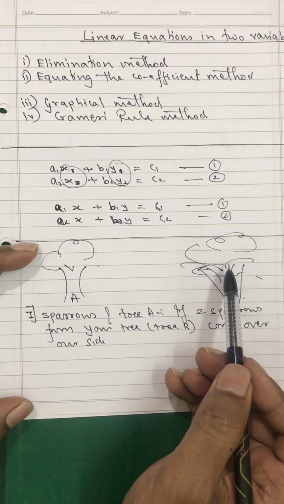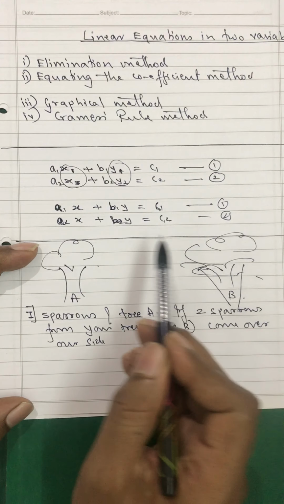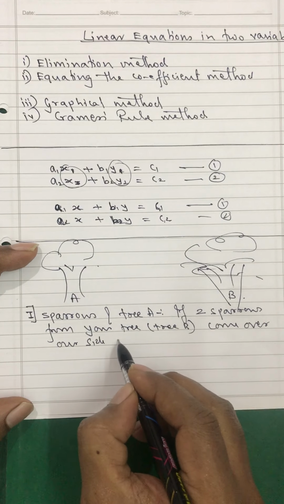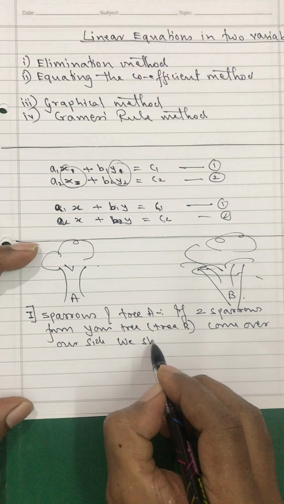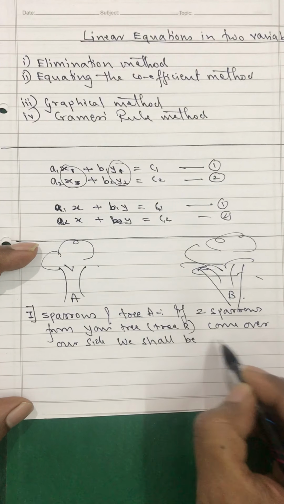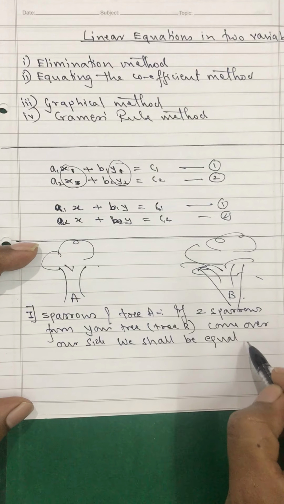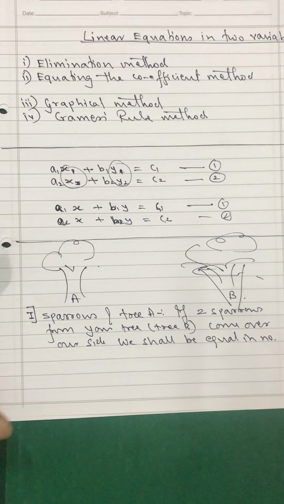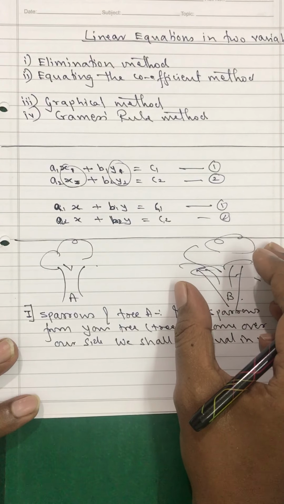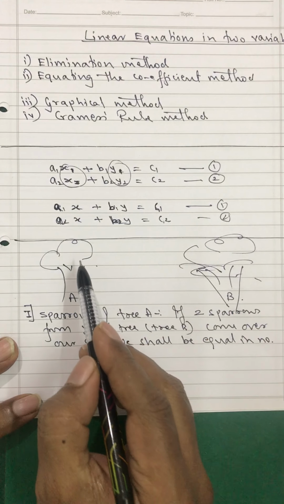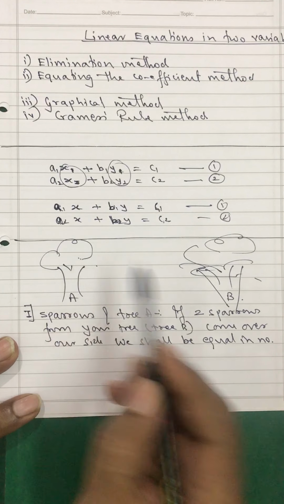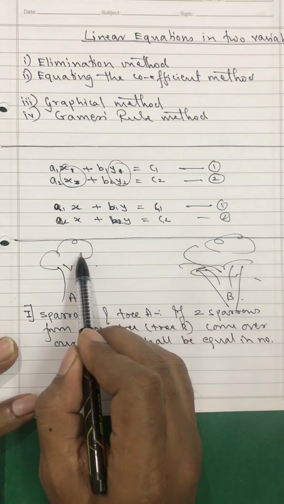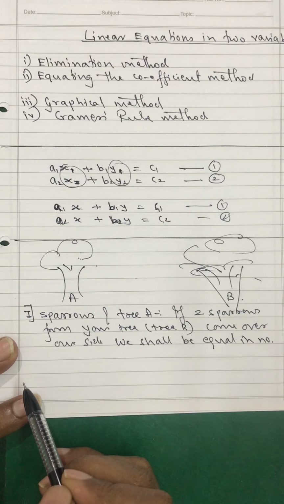Means two sparrows from tree B come over here, we shall be equal in number. Means we both will be equal to each other. Are you getting it? There are some sparrows over here, some sparrows over here. The sparrow from this tree says that if two sparrows from your side come over here, then we both will be equal in numbers.